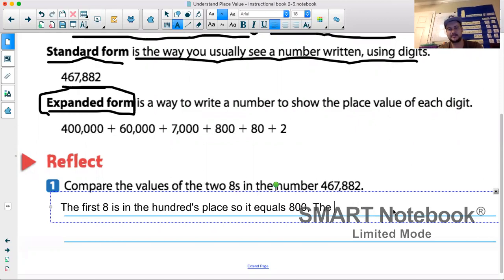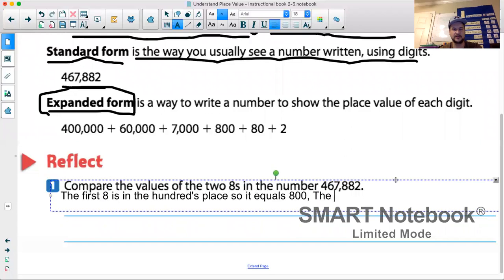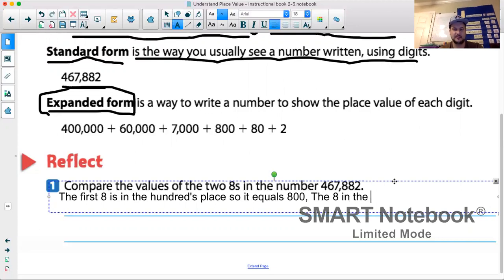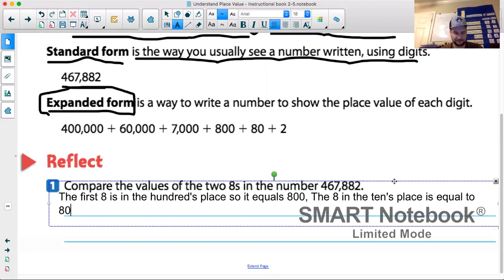I know it's hard to read with that Smart Notebook. They want to make sure that you know that this belongs to them. The 8 in the tens place is equal to 80.